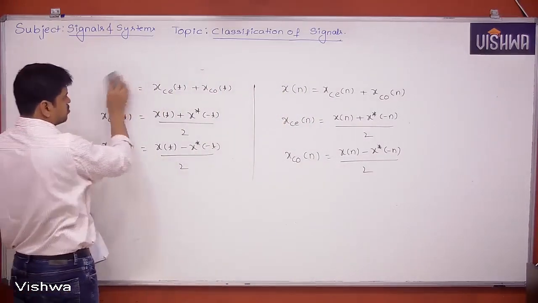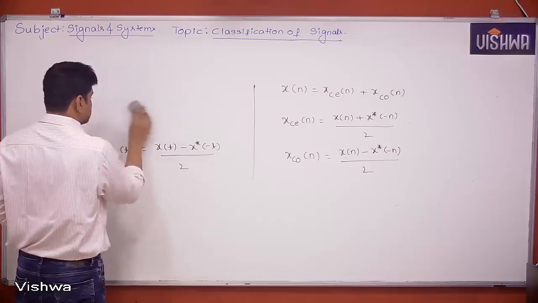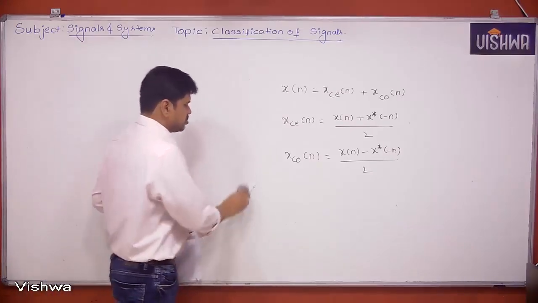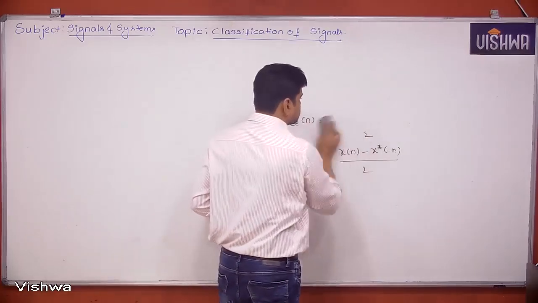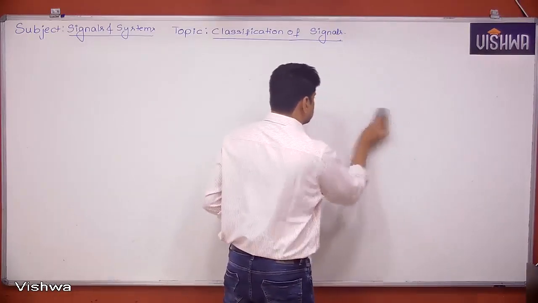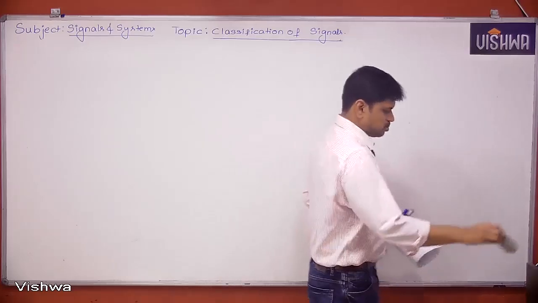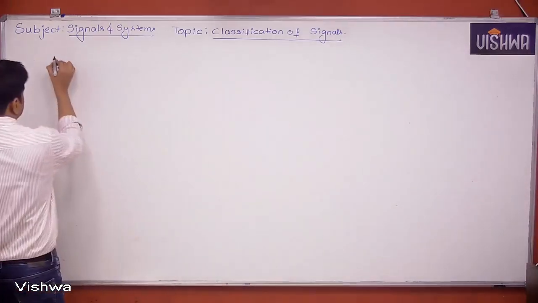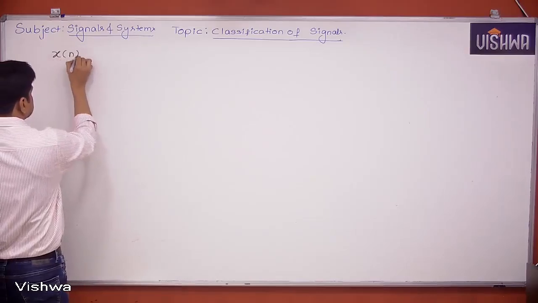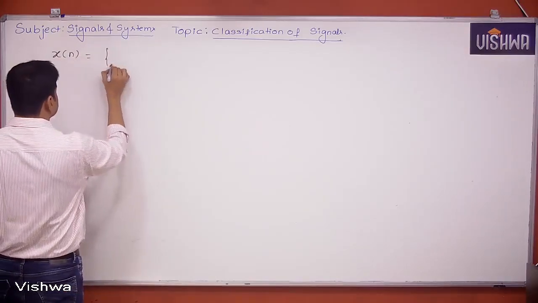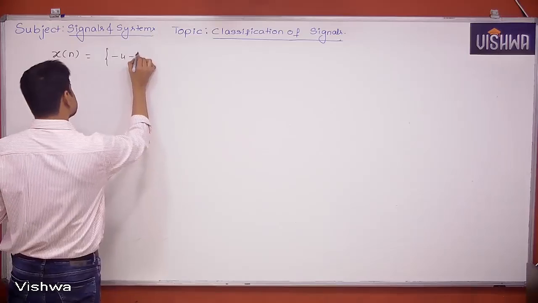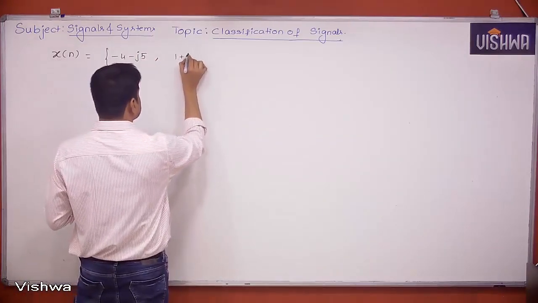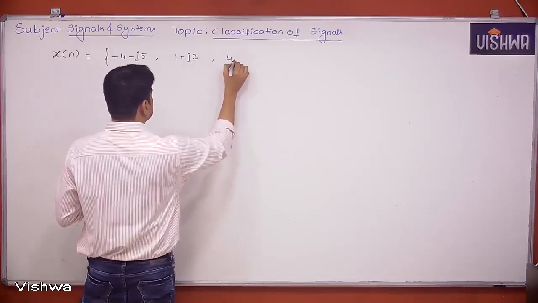Take one question which is unsymmetric, so that we can find the symmetric part and antisymmetric part. Let's say x of n is given as minus 4 minus j5, comma, 1 plus j2, comma, 4.